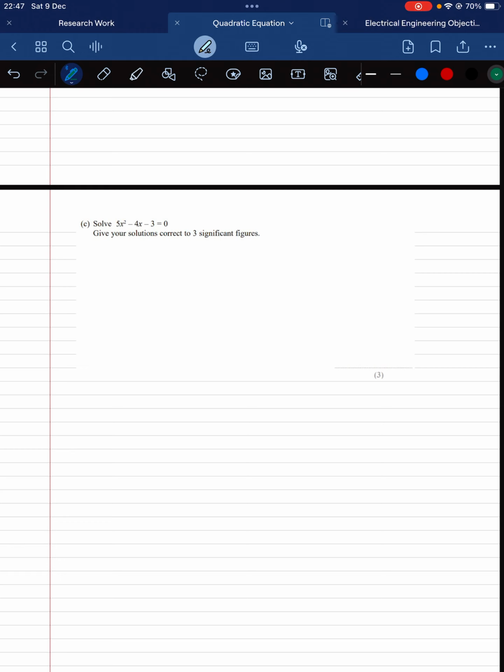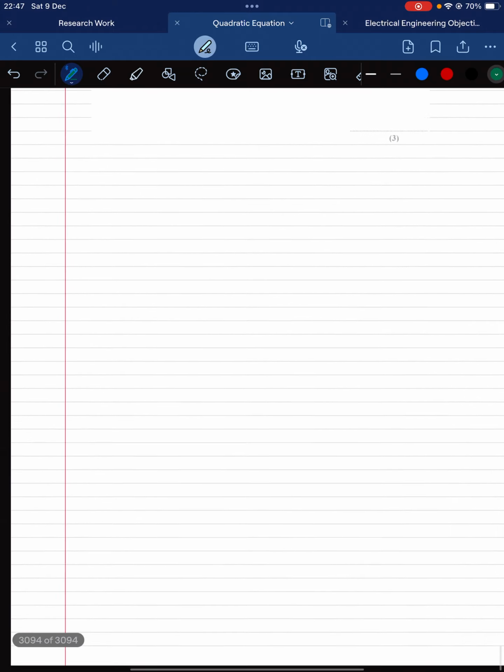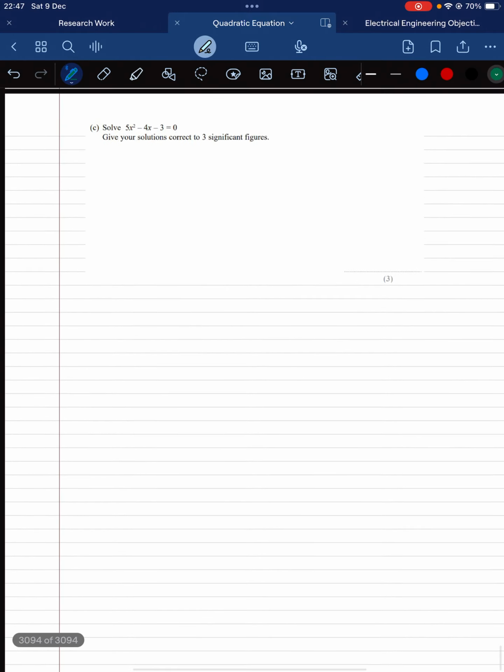Now this question says: solve 5x squared minus 4x minus 3 correct to three significant figures. Whenever they ask you like this, it is a quadratic equation, so we cannot factorize it; we need to use the quadratic formula.